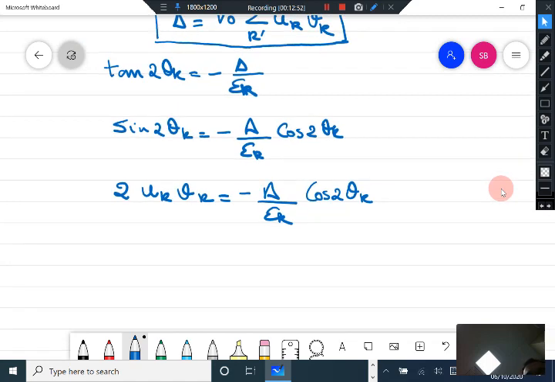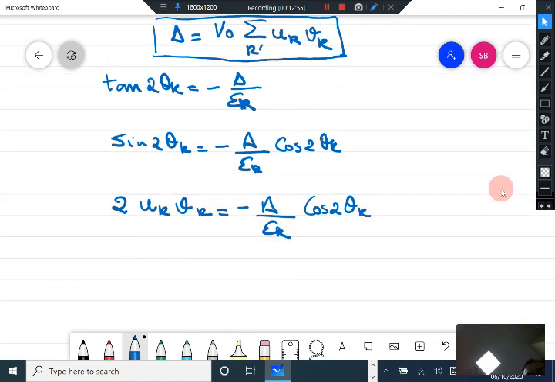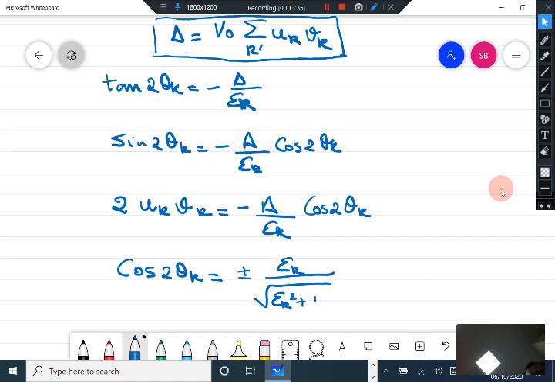Now one can also use cos 2 theta k. I leave it to you to work out that cos 2 theta k is equal to plus minus Ek divided by square root of Ek square plus delta square.